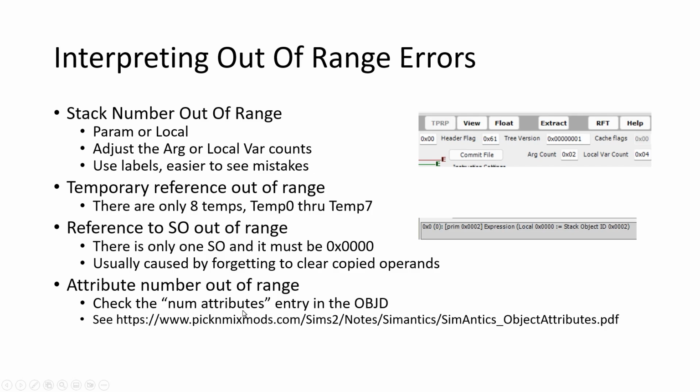And it is so easy just to keep using attributes and label them up in the strings and forget to go and change the OBJD. If you get an attribute number out of range, you've either used the wrong attribute number through a mistype, or you used it and wanted it, but forgot to increase that num attributes entry in the OBJD. And there are some notes on that at that link.